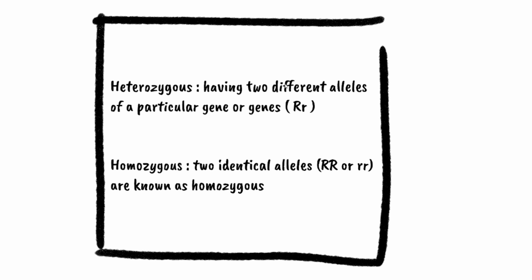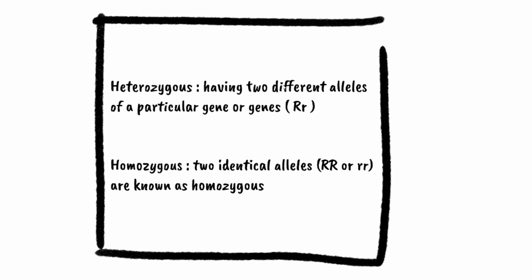Remember, in a single gene there are always two types of alleles, one dominant and one recessive. We have learned this before, but I'm just telling you that in one gene there are two types of alleles, and one is dominant, one is recessive.